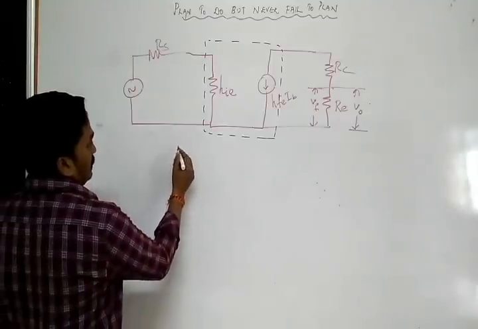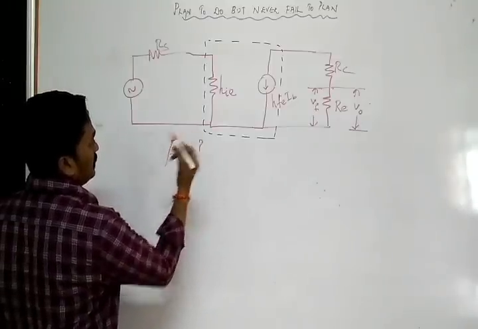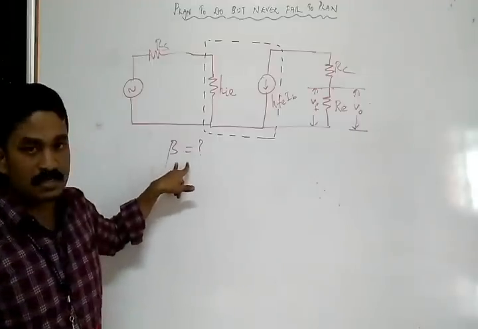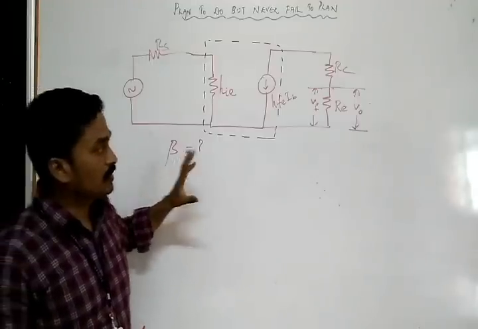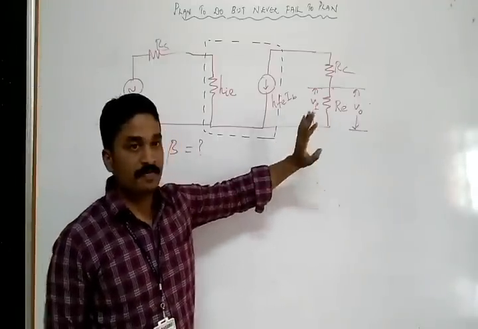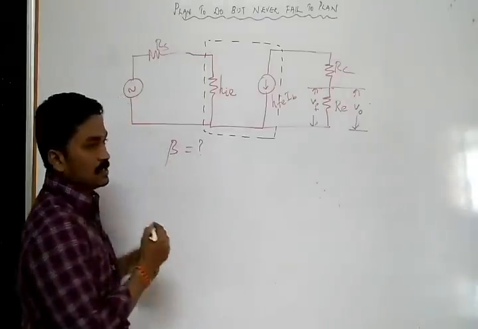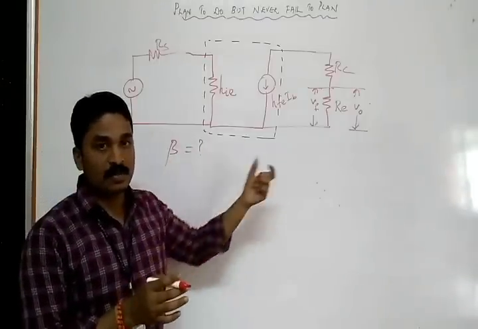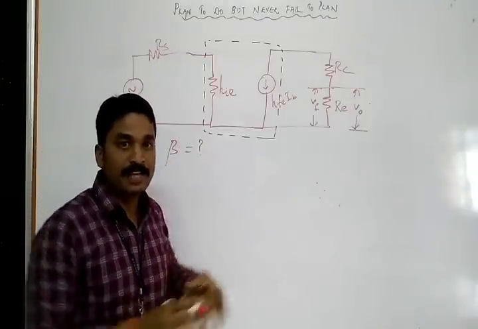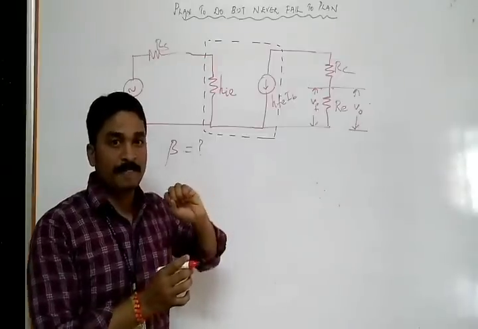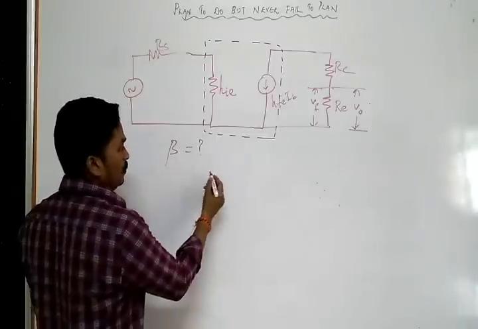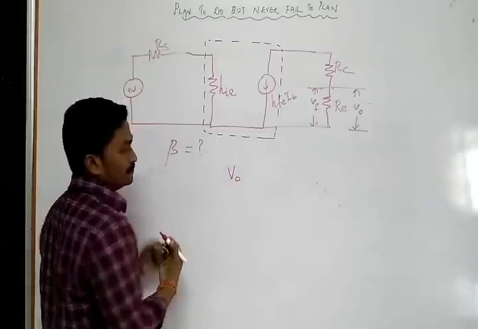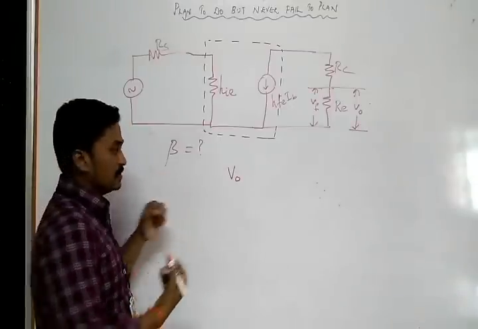Right. So first let us investigate what beta is. Beta is a feedback network, so we have to consider the feedback side. Here it is a voltage sampling. We give that into the input side as a feedback. So the output is V0, which means sampling is V0.